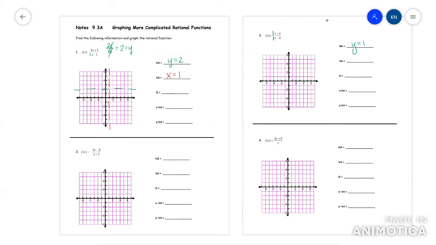Now there's going to be a little bit more information that you're going to need. You're going to need to find the X and the Y-intercepts as well. They help you draw the graph. So to find your X-intercept, you take the numerator, 2x plus 1, and you set it equal to 0, and you solve.